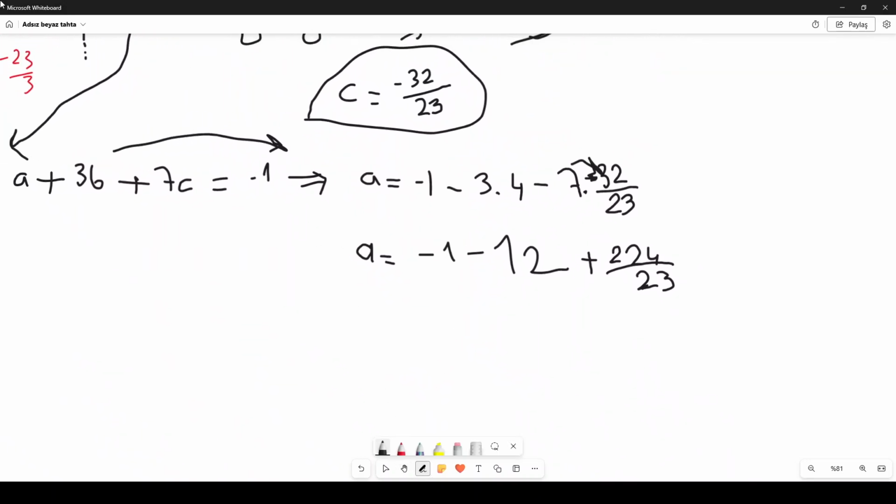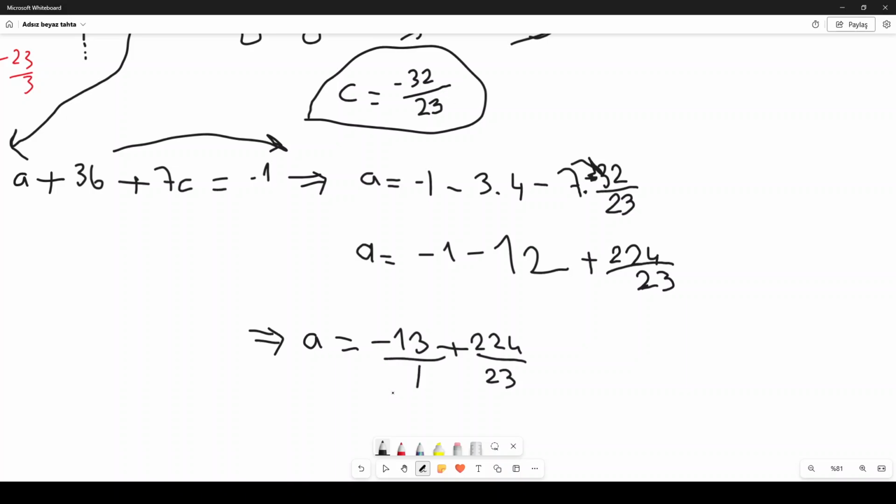And A is equal to minus 13 plus 224 over 23, right?